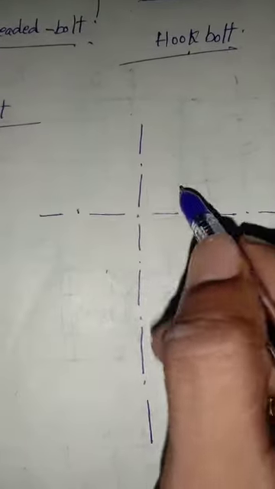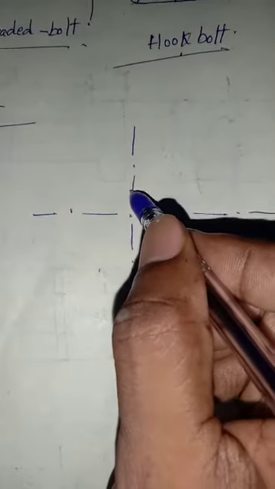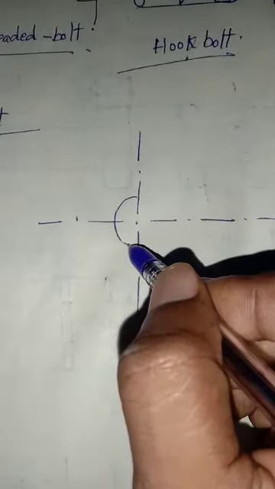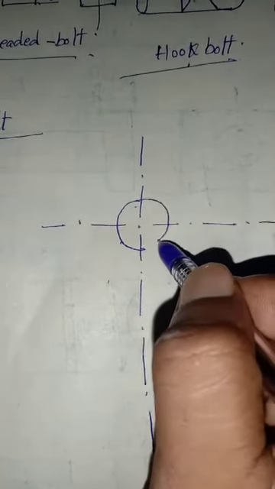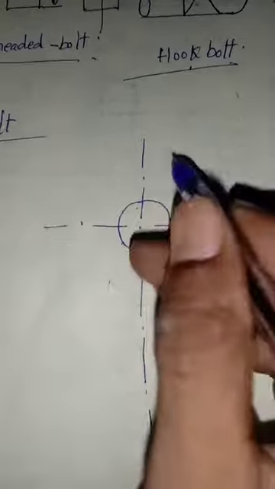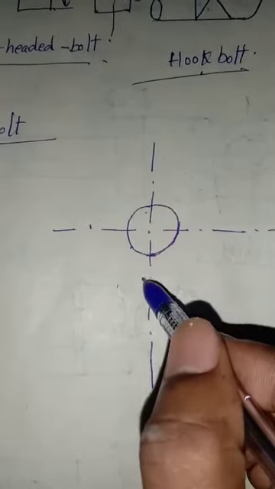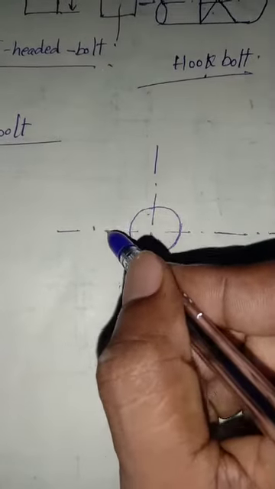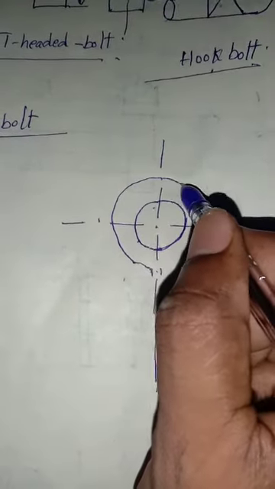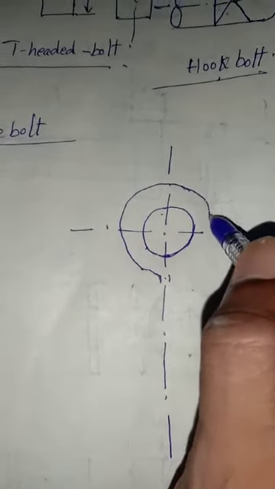Okay, this is like this. You can see here is having one circle, and then another one is going a circle like this.